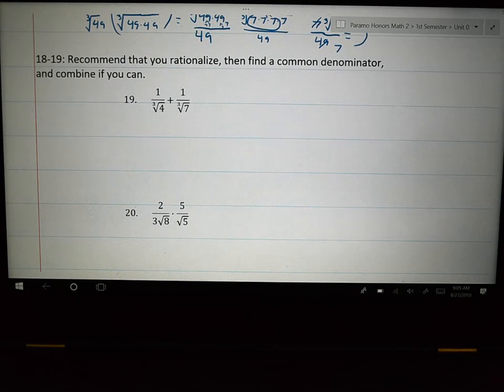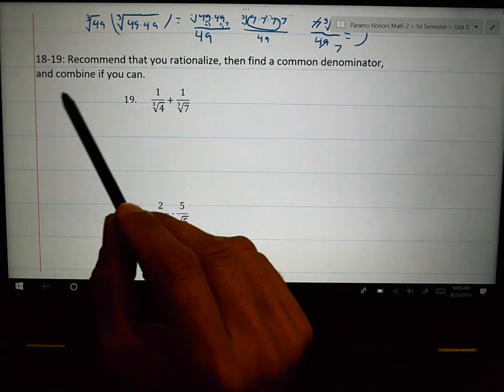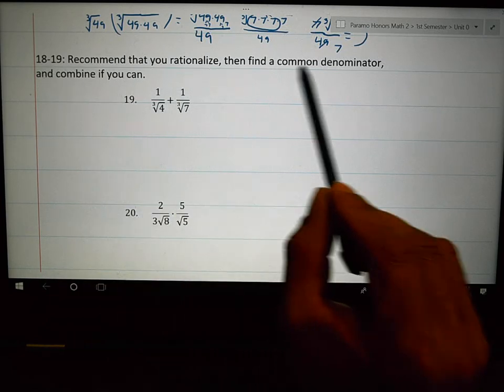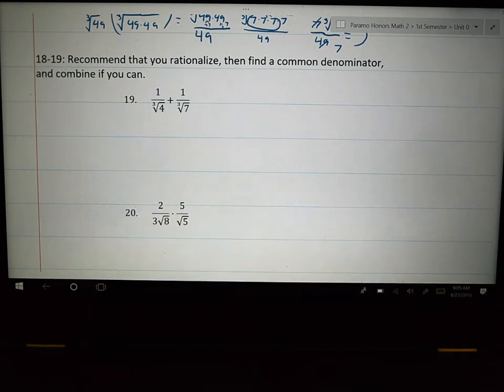And so when you see something like this, where it says 18 and 19, I recommend that you rationalize, then find a common denominator and combine if you can. The reason why I wrote that down was because as I was doing number 18, and number 19, I thought, they could find a common denominator and then put that together and then simplify.